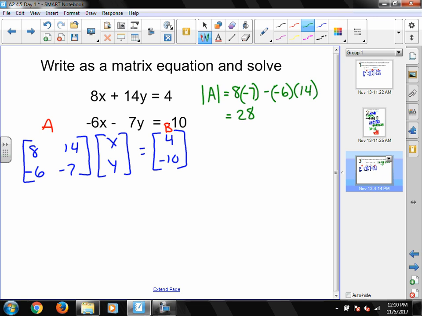So the inverse of A is going to be 1 over 28. Don't everybody freak out yet. I know that looks awful.